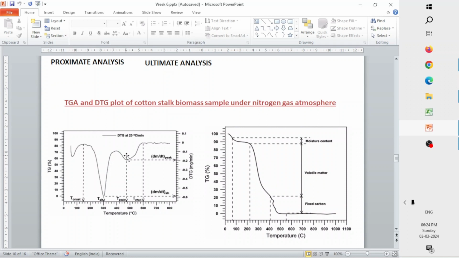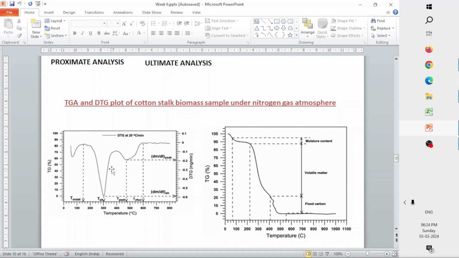One advantage of the DTG plot is that if multiple components are undergoing degradation in your material in a particular temperature range and you cannot distinguish them, a DTG plot helps. Between 200 to 500 or 600 it's just a steep line, and both cellulose and hemicellulose are undergoing thermal degradation but are not visible.